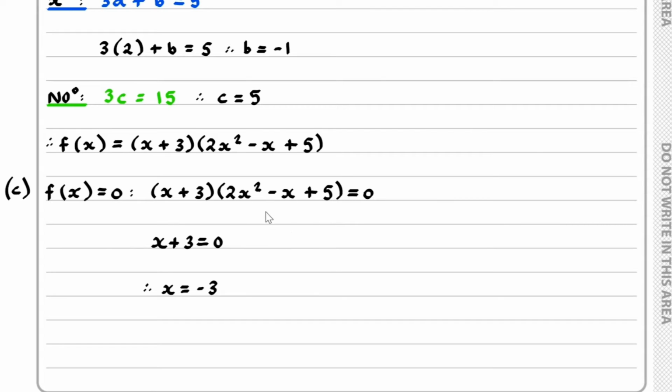Well, if we were to use the discriminant, we've got b squared subtract 4ac equaling negative 1 squared subtract 4 times by 2 times by 5.